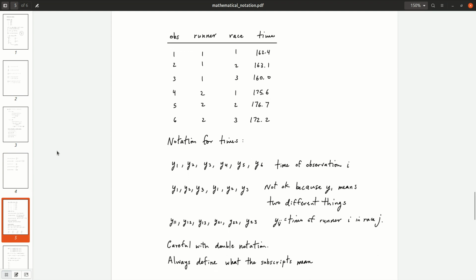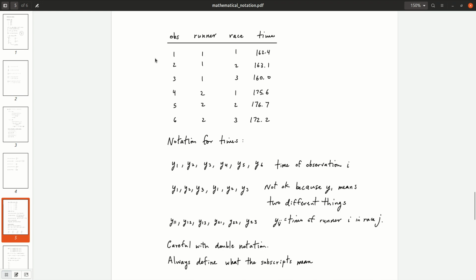Okay, now let's make this slightly more complicated. So we have a new data set here. It's still going to be 6 marathon times, but in addition to just labeling the observation 1, 2, 3, 4, 5, 6, we're going to provide some additional data on who produced this marathon time and at which race they produced it.